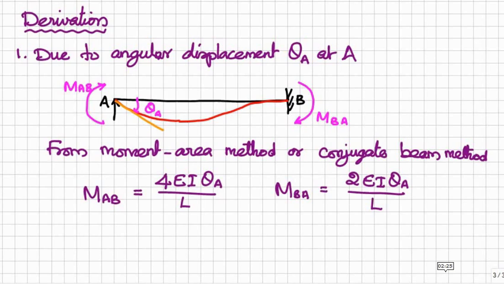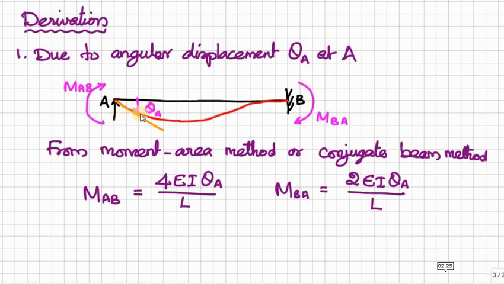The first condition is due to angular displacement theta A, that is, rotation at support A. If you rotate the support A by theta A amount, these are the moments created due to this rotation.